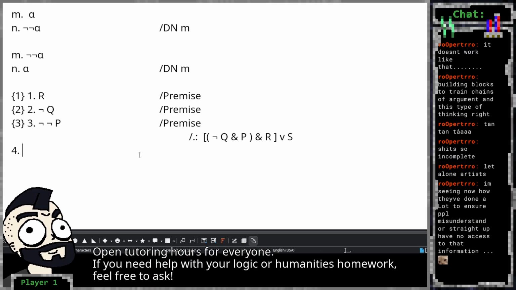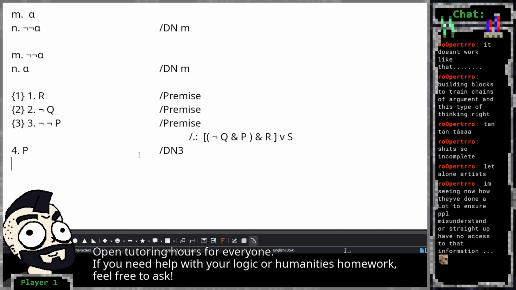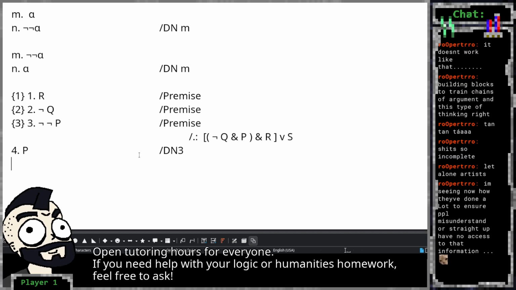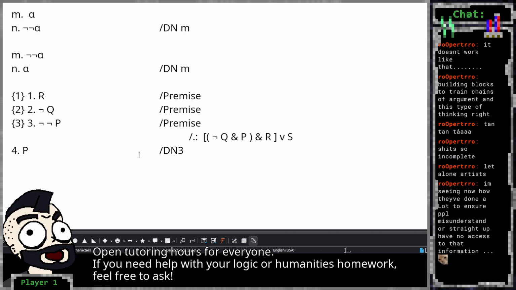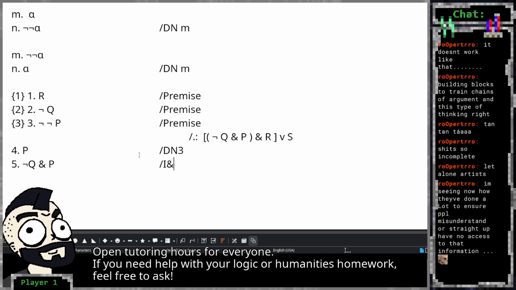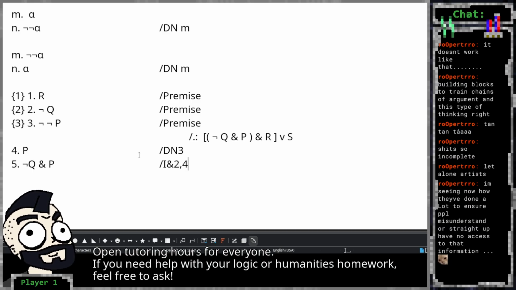And then at 4, we're going to use our brand new rule and affirm that P because of double negation of 3. And then we can start building the conclusion. We at 5 can have not Q and P because of introduction of the conjunction of 2 and 4.